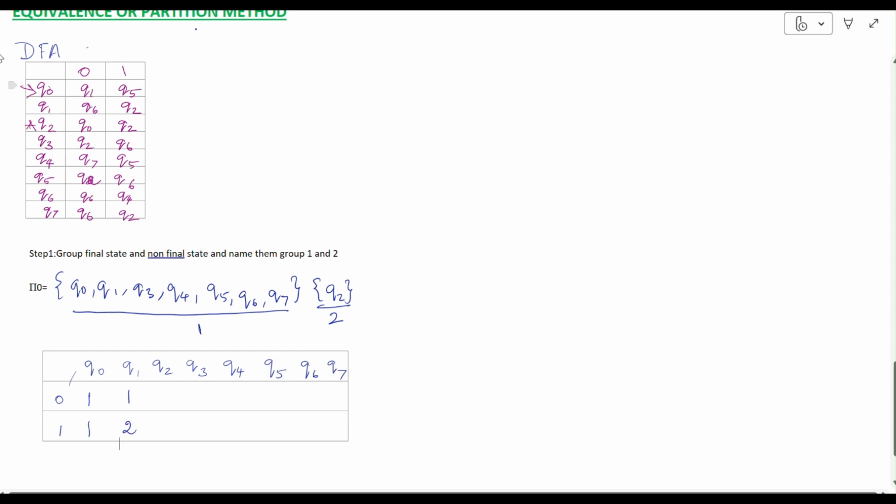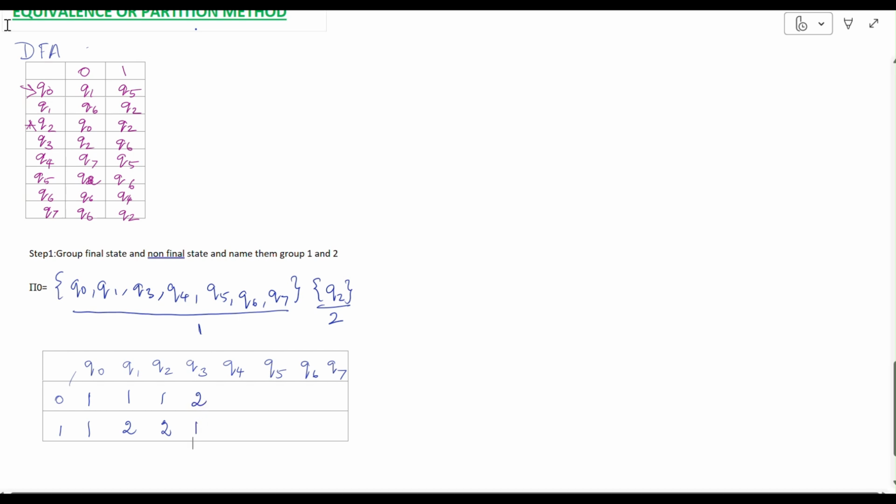And Q2 on receiving 0 moves to Q0, and on 1 moves to Q2. So Q0 is of group 1 and Q2 is of group 2. And Q3 on receiving 0 moves to Q2, and on receiving 1 moves to Q6. So the first one is of group 2, the second one is of group 1.